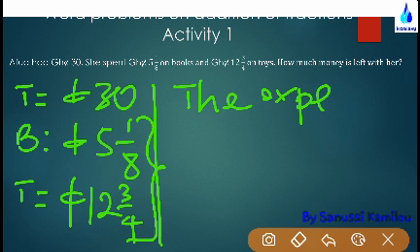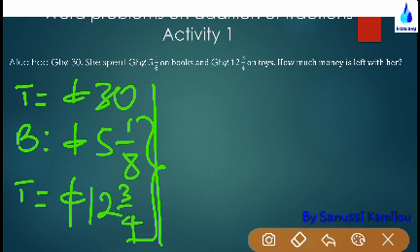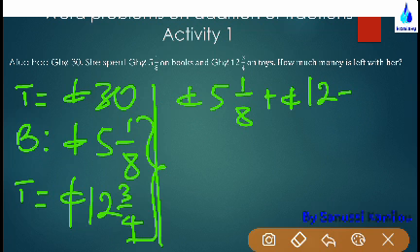Very good. So now I'm having 5 1/8 plus 12 3/4. Okay, so what we do here is addition.